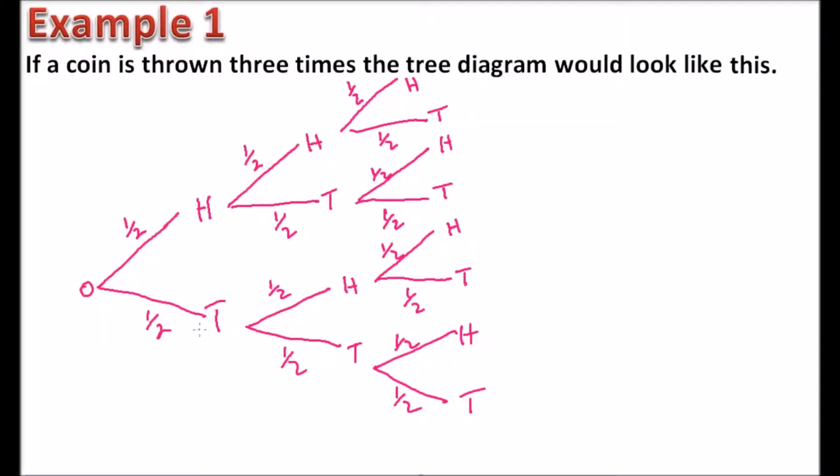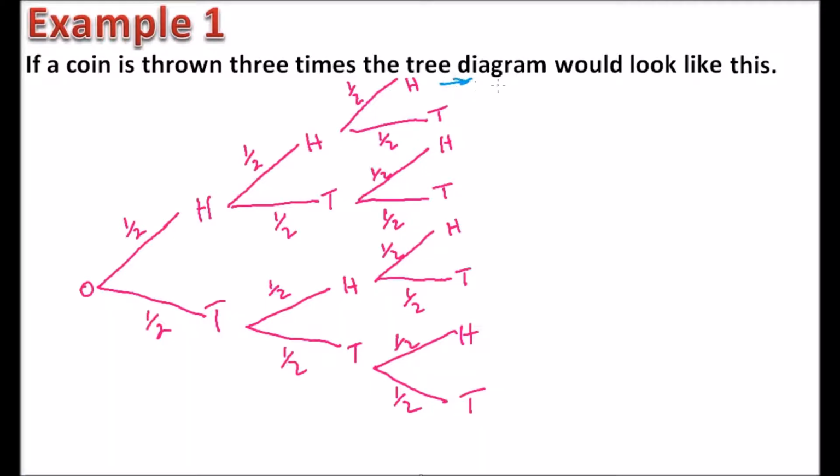If you get a head, you can't get a tail. So those are mutually exclusive. When you toss the second time, you can get a head. Getting the head the first time does not prevent you from getting the head the second time. So that is an independent event.